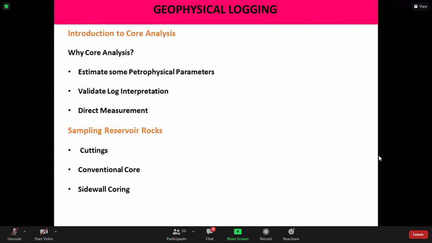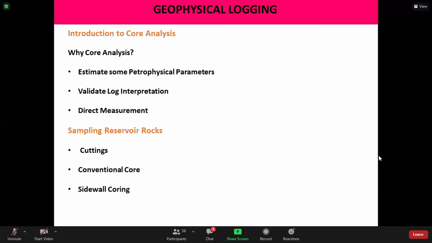And likewise, I talked about the sampling of reservoir rocks: the cuttings, the conventional core, the sidewall core. And why do we carry out core analysis? It enables us to estimate these petrophysical parameters. Apart from estimating them, we can validate what we obtain for our porosity, permeability, water saturation, and hydrocarbon saturation against our log interpretation.